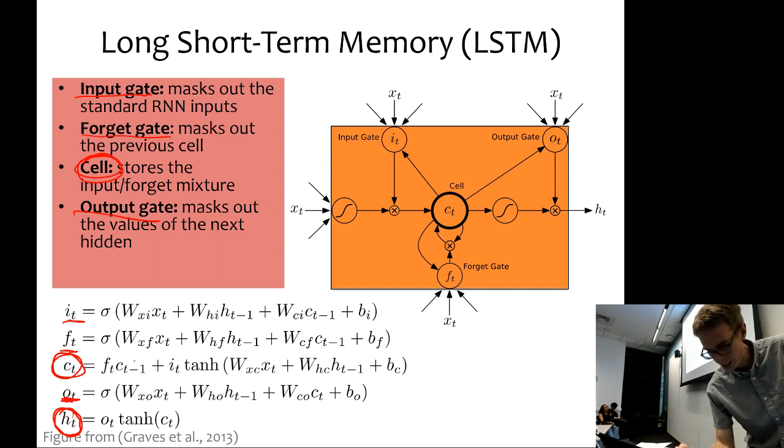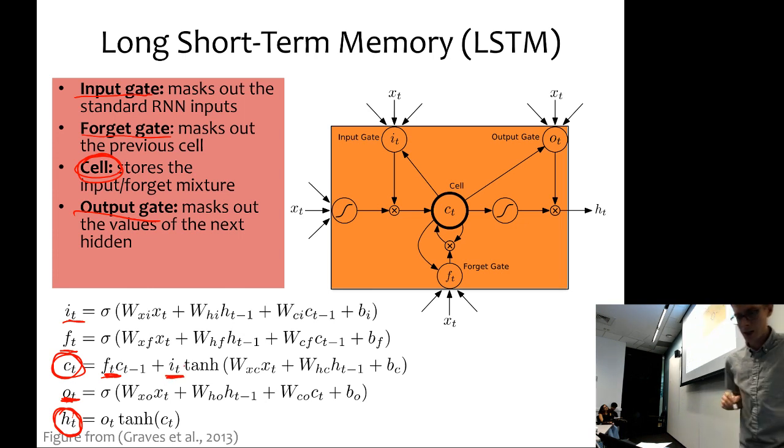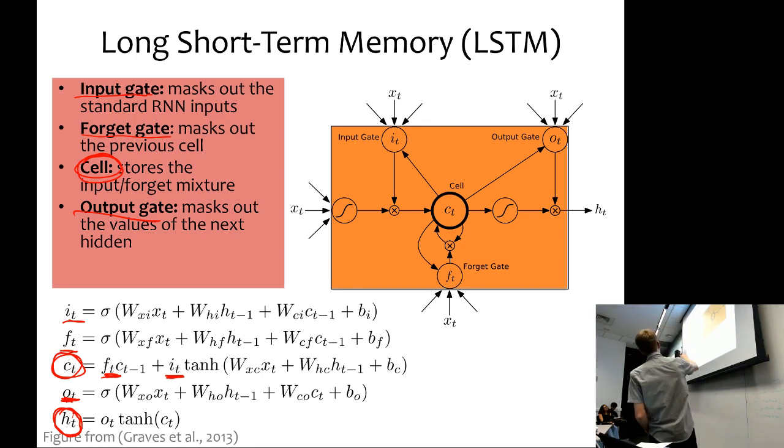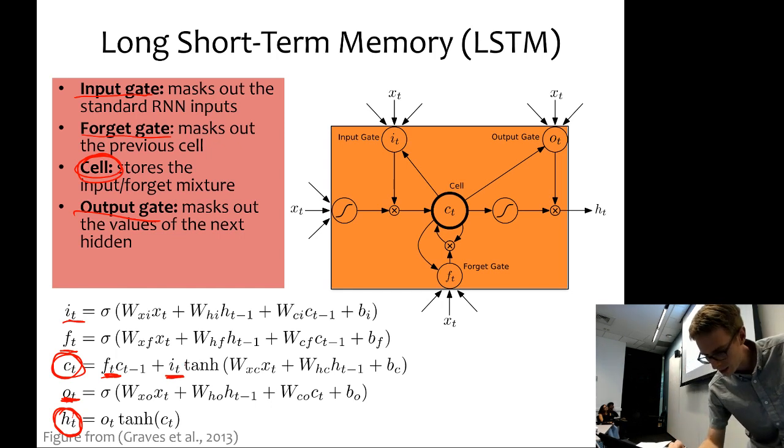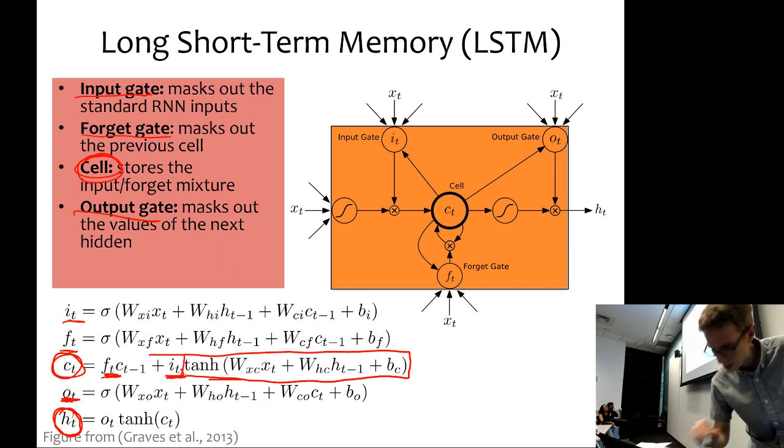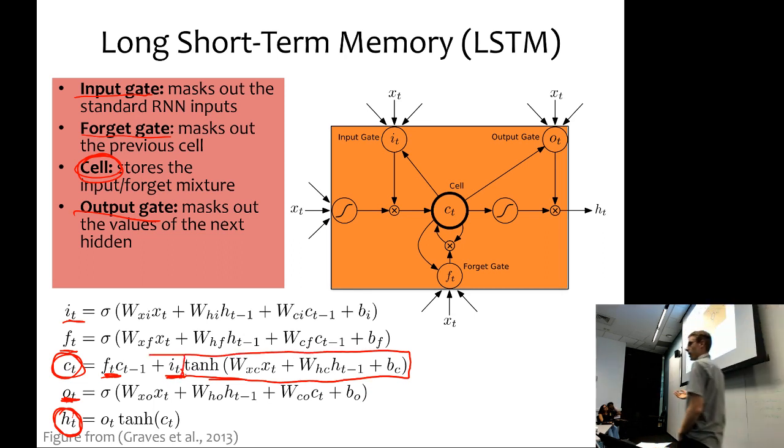So you can see that happening here, where it's using both the input and the forget gates. And what that means is that the input gate is just affecting this part of the equation that looks identical to the RNN that we had before.